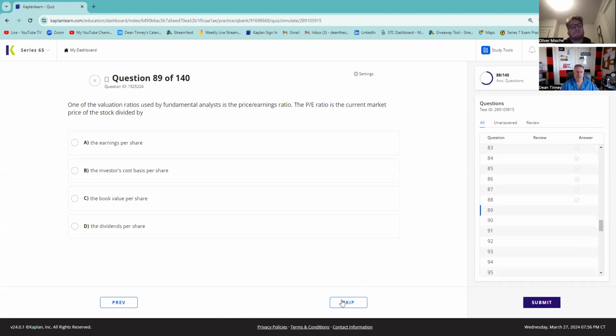One evaluation used by a fundamental analyst is the price to earnings ratio. The PE ratio is the current market price of the stock divided by the earnings per share. Right on. What would we do if we took the dividend and divided by the earnings per share?